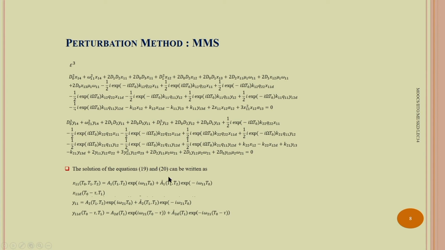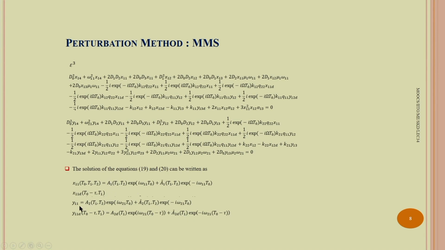Here you can note that a1 and a1 bar are complex numbers, and a1 bar is the complex conjugate of a1.